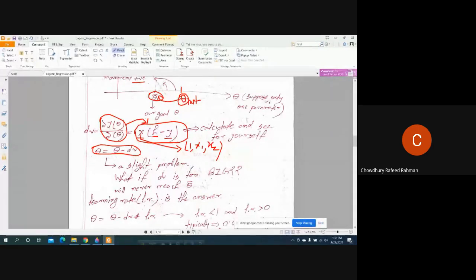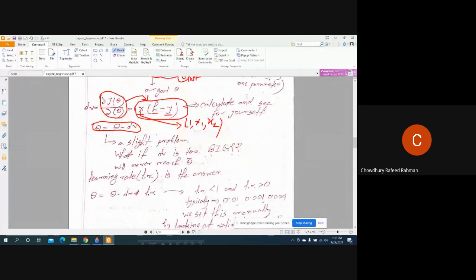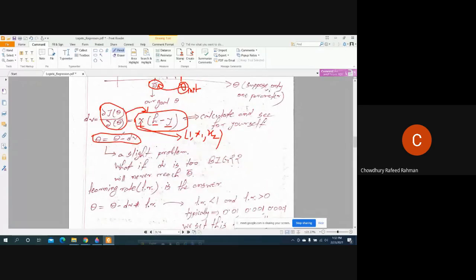Okay, if no one has any confusion, let me proceed. And there is a negative, theta minus the derivative. Why is there minus? Can anyone tell?